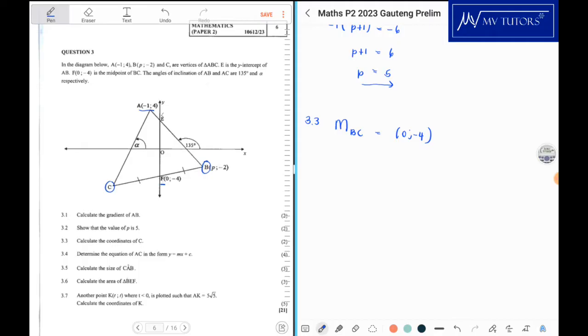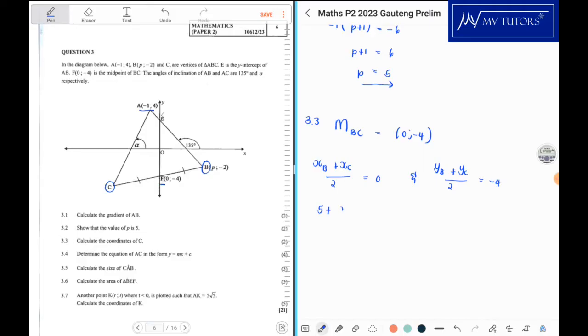And what would I do then? So I would say the x-coordinate of B plus the x-coordinate of C divided by 2 would be equal to 0. Okay, and the y-coordinate of B plus the y-coordinate of C over 2 would be equal to negative 4. So x-coordinate of B is P, which we worked out, and it is 5.